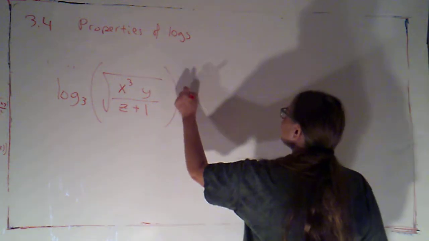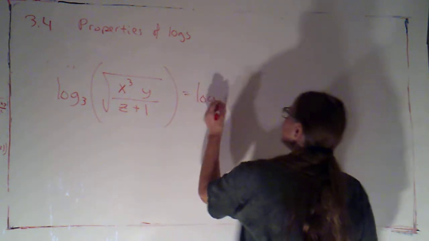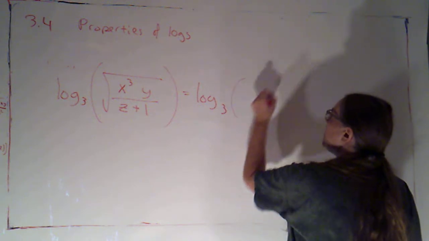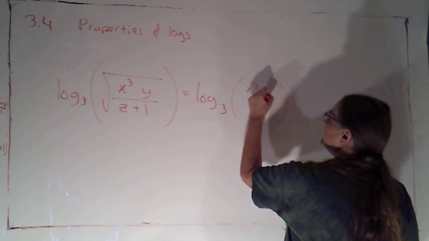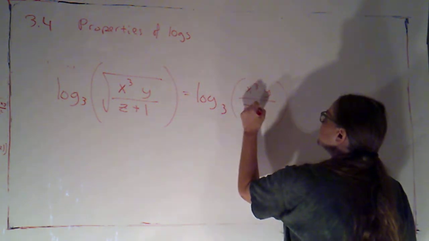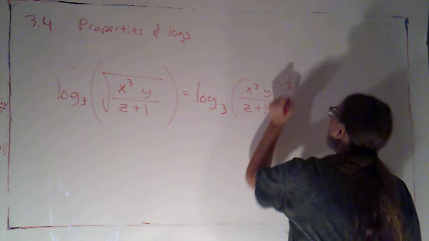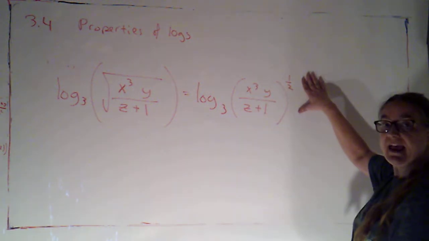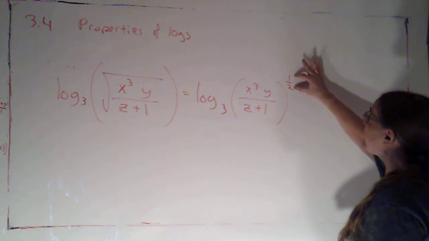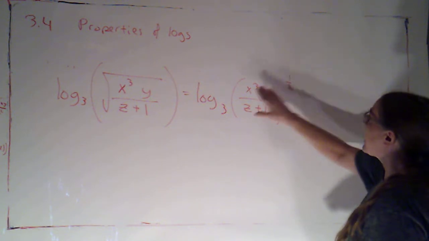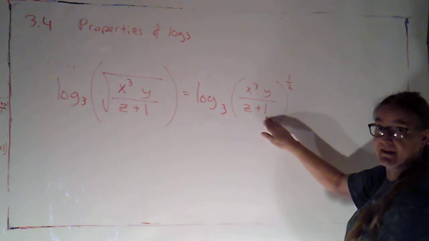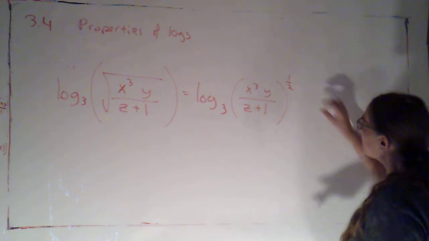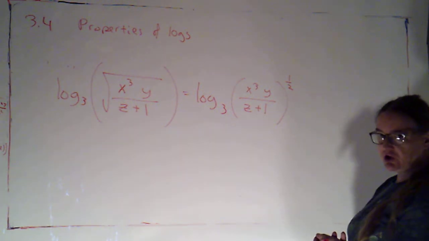Okay, so this is the log base 3 of, we would have this quantity, x cubed y over z plus 1, all raised to the 1/2 power. Now, that exponent of 1/2 applies to everything. So I can deal with this one of two ways.